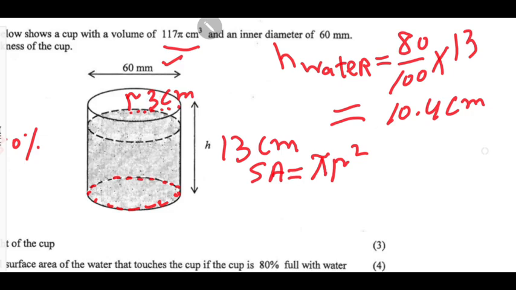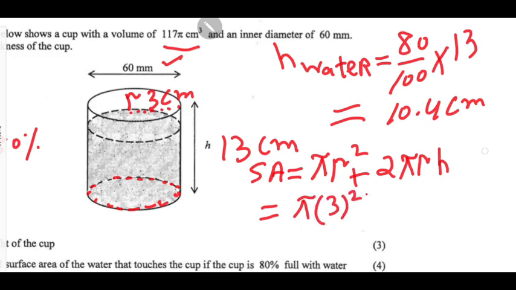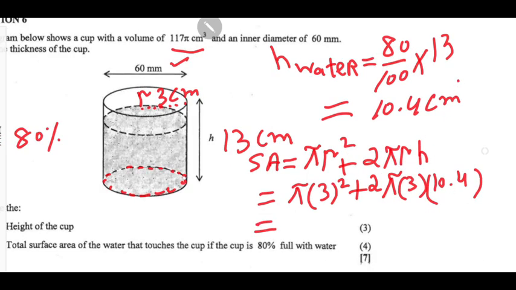The cylinder is open on top, so the plus 2 pi r h, this is the lateral surface area. Now I substitute all of these values. So the pi radius we got 3 square plus 2 pi, radius is 3 but the height is 10,4 now. So the height we're going to use this one now.